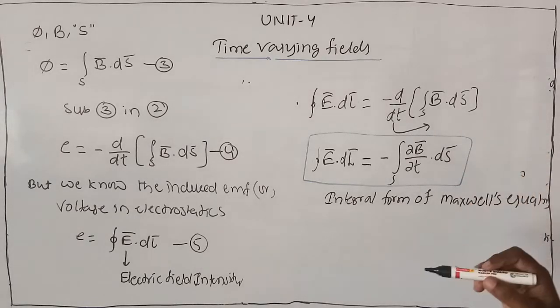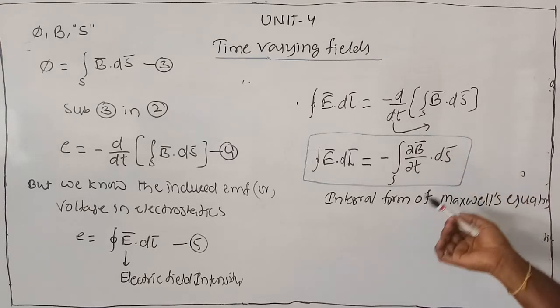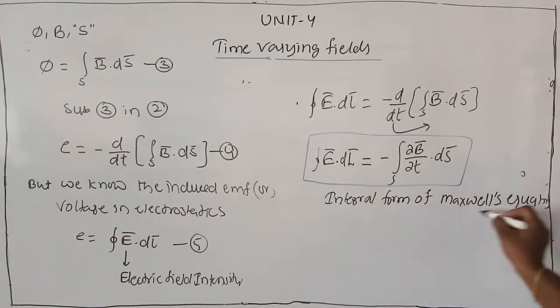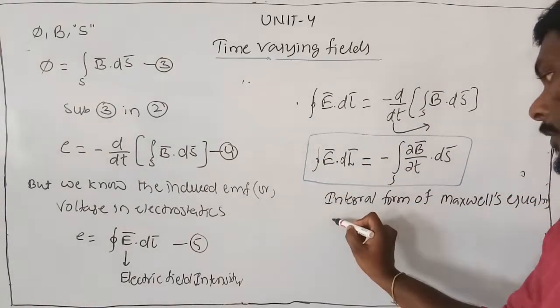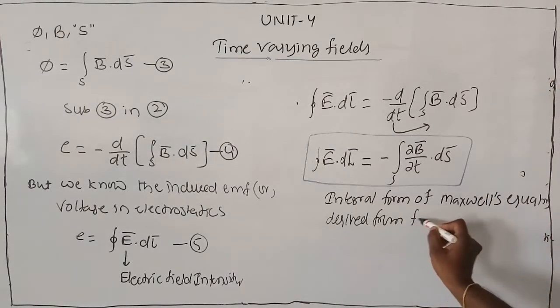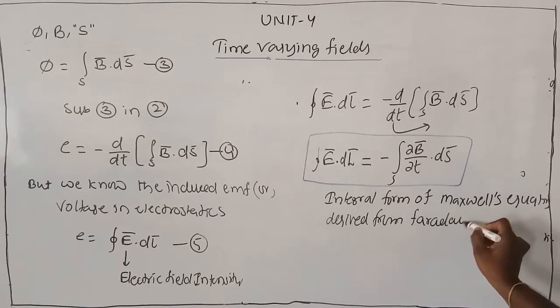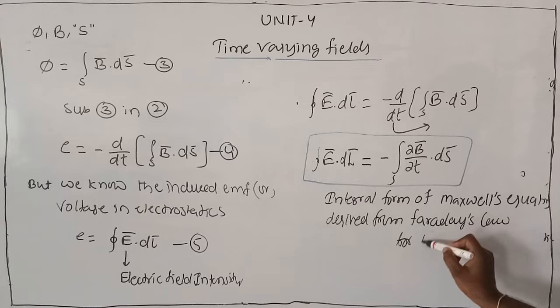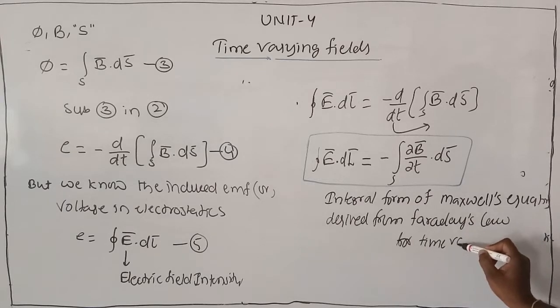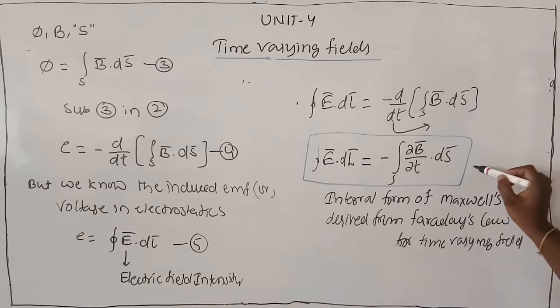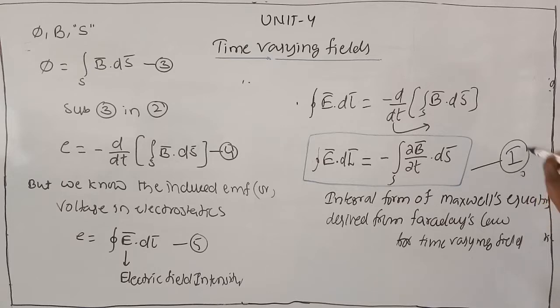As we are deriving this Maxwell's equation from Faraday's law, it is called the integral form of Maxwell's equation derived from Faraday's law. For which type of fields is it, time invariant fields or time varying fields? For time varying fields. Let us consider this equation as Roman number 1.